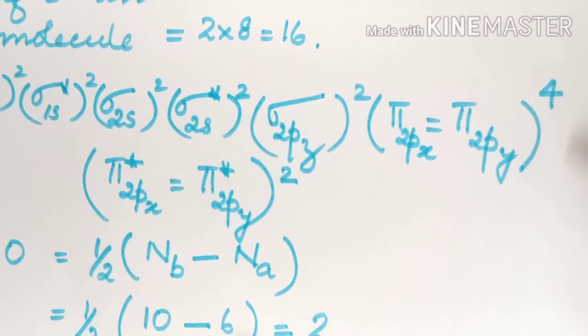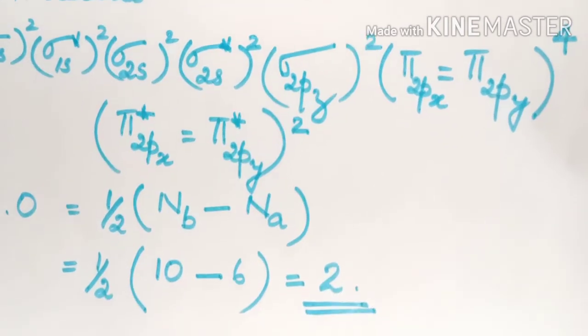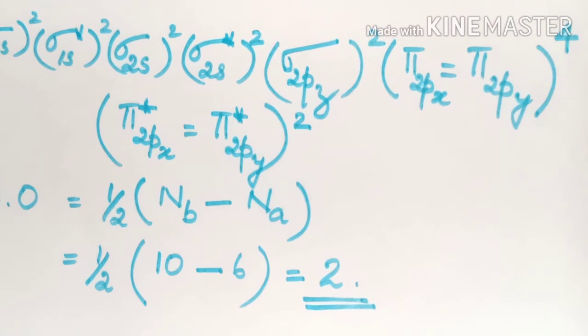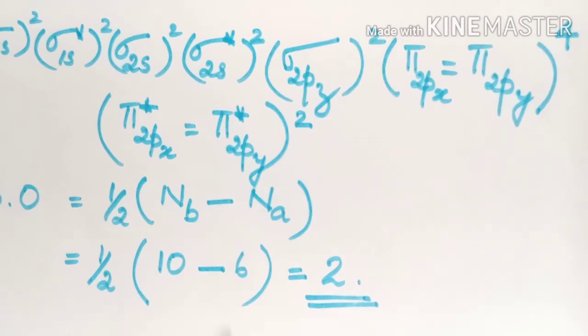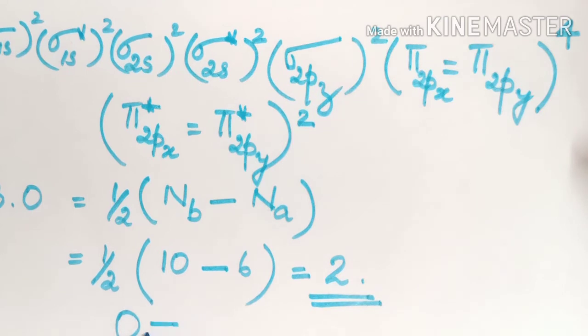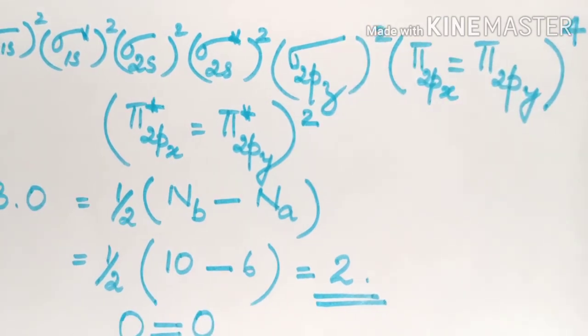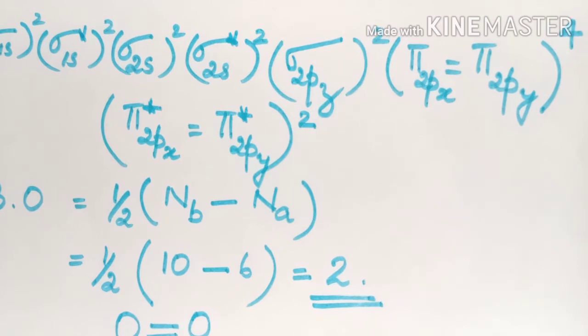So bond order 2 is an integral value, which helps to understand that this molecule is stable and it has a double bond in between. Now we shall see what will be the nature of the molecule here.